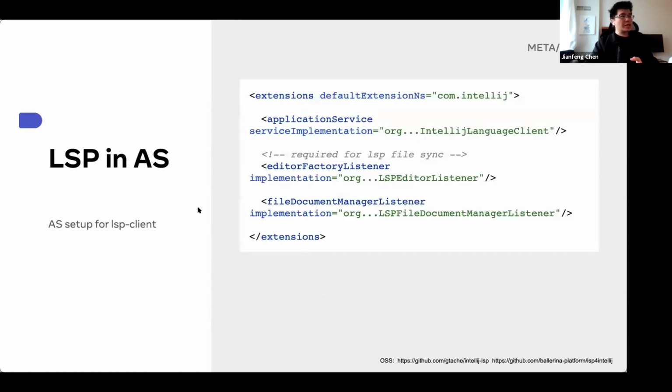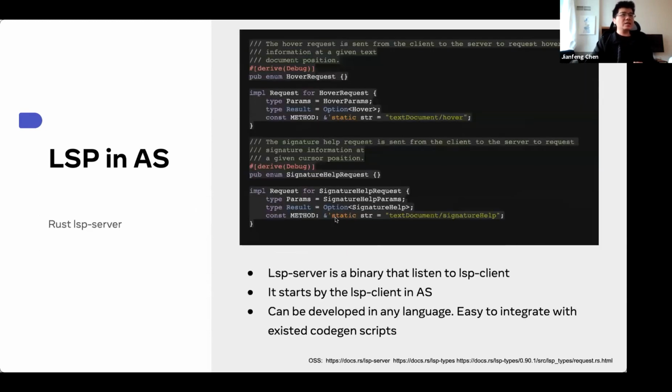So using the LSP in AS is pretty simple. First of all, in plugin.xml, you can register it in the startup activities, just register that in the XML, and then you should move your focus to the server side.